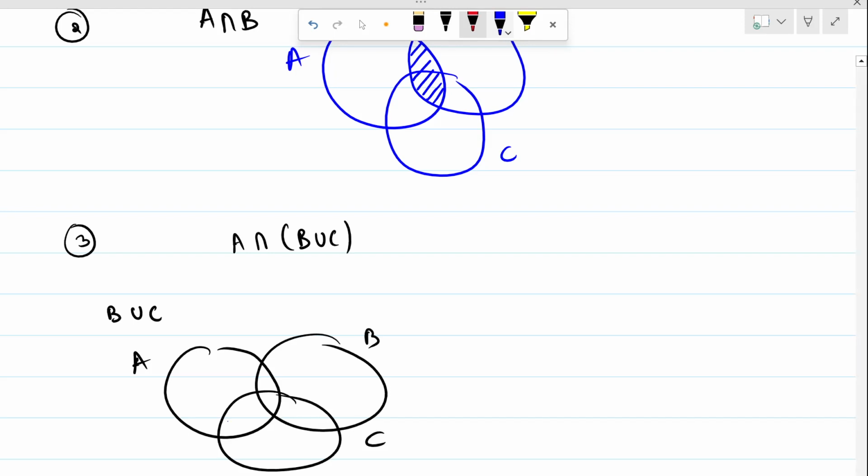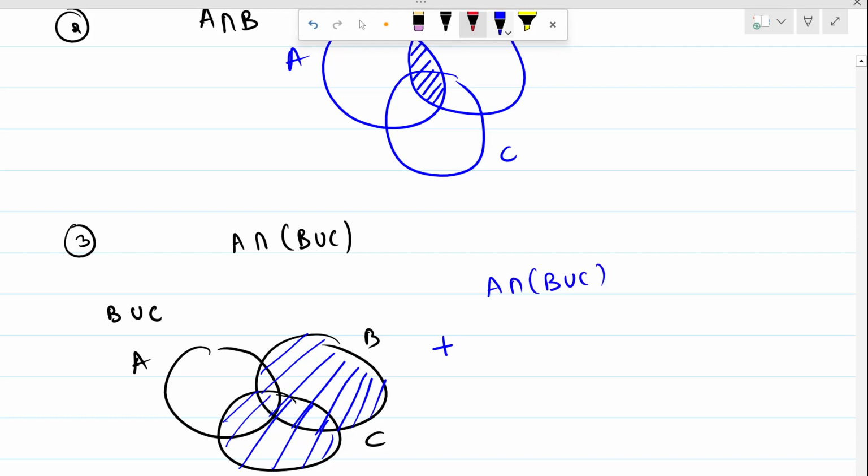B union C will be all the elements of B and C. Next we will take A intersection of B union C. So we have this set A, this and this.